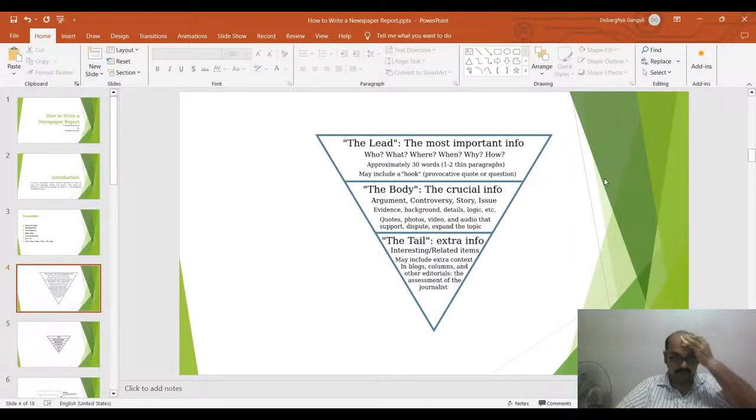So I read only the title, that okay, this and that happened, and I leave the newspaper and maybe keep it for my travel time. While traveling, I have marked out two or three news items which I'll read completely, and maybe five more which I'll brush through. For this brush through, I'll read the lead.